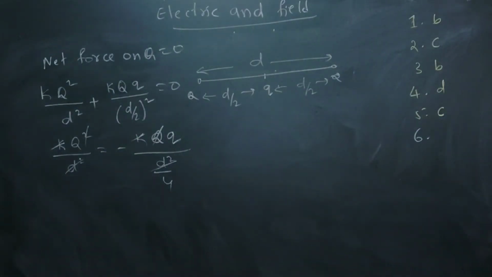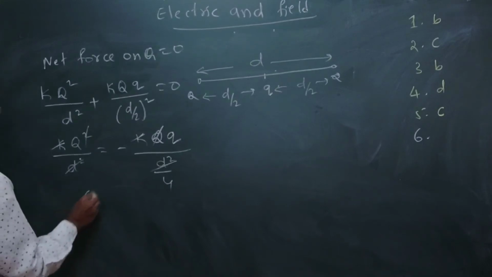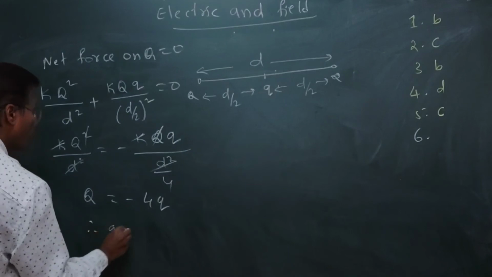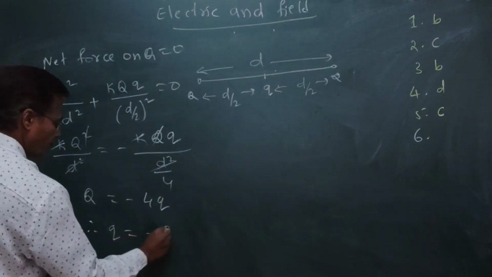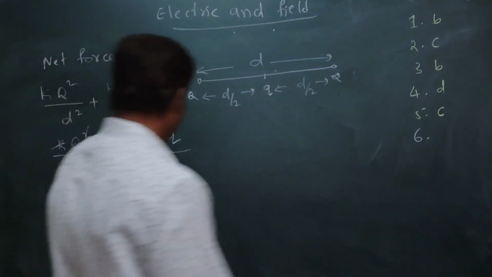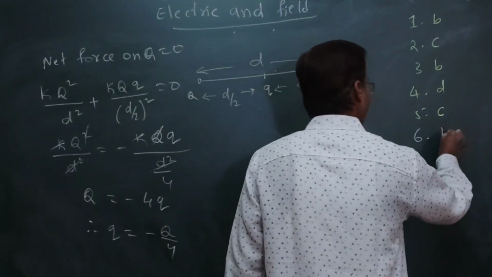The remaining, for small q which we want to calculate, is q equal to minus Q divided by 4. That is option B.